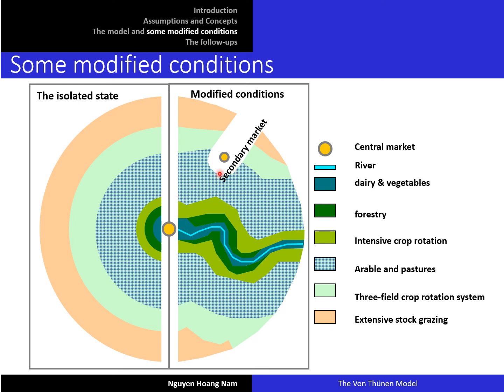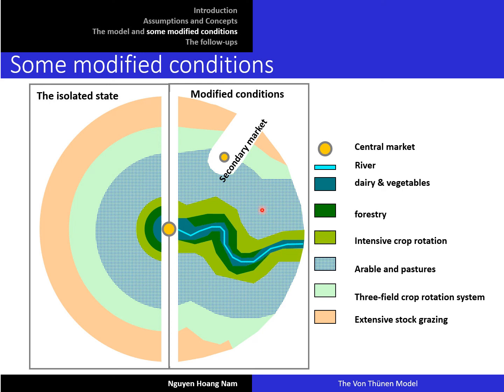The rings will be changed like this, and you can imagine that the river would expand the city center. So the river flows from here to here, then it's like we have many other city lines along the river.